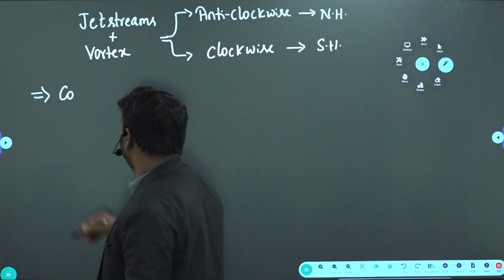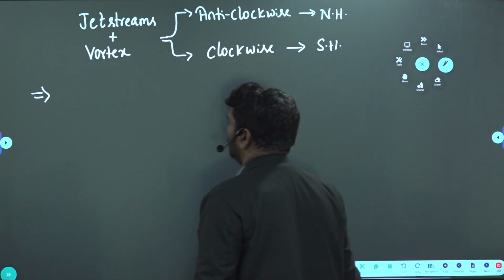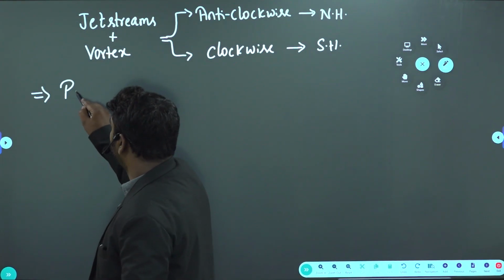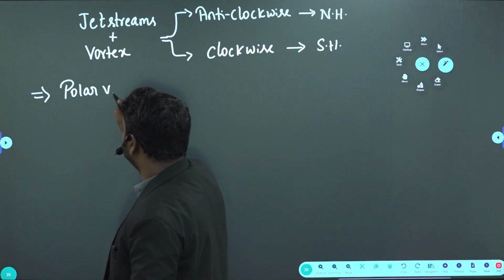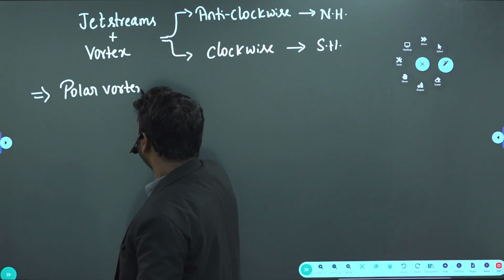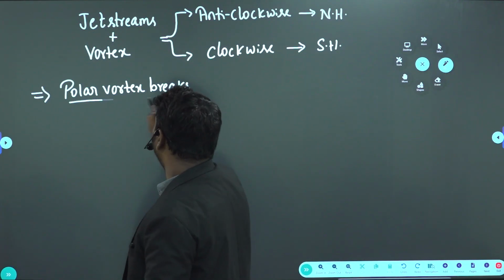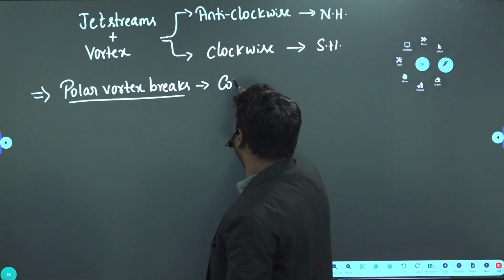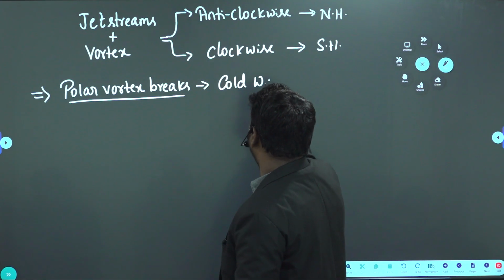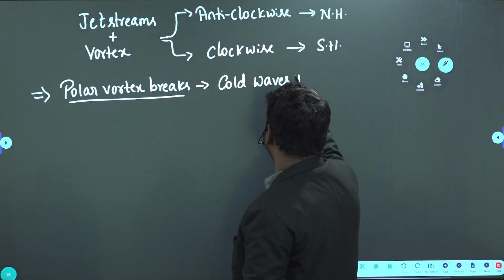Whenever the polar vortex breaks, cold waves increase.